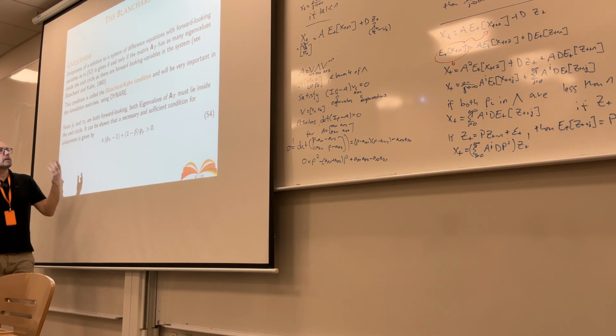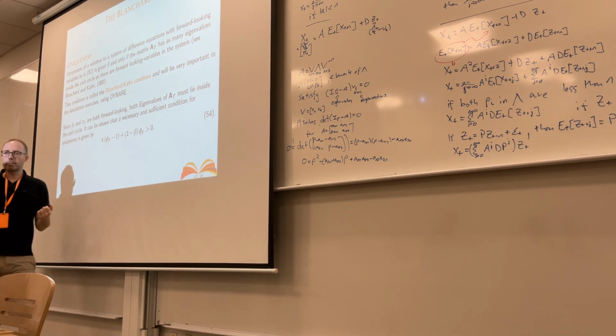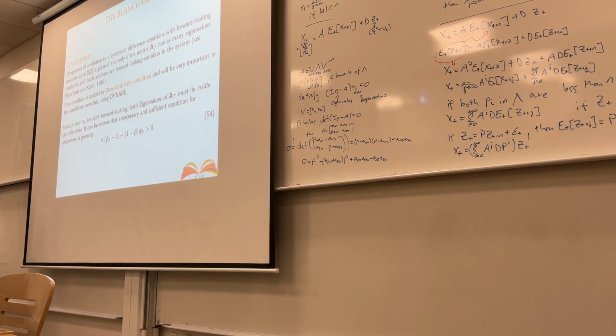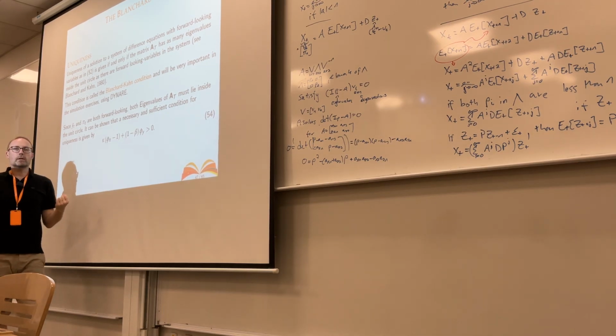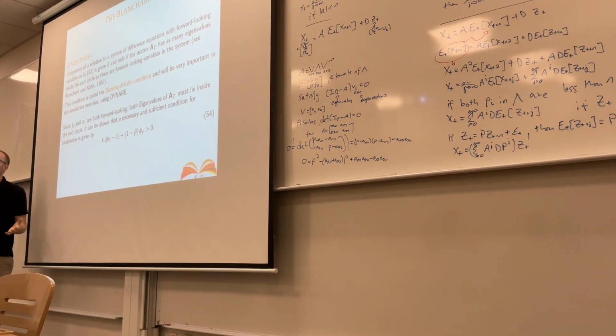So uniqueness allows us to ensure that we have a single equilibrium, and then we can pick which equilibrium we want as policy by choosing our parameters. If we don't satisfy this inequality, then we can't make any prediction about where the economy is going to go. So it's kind of important.